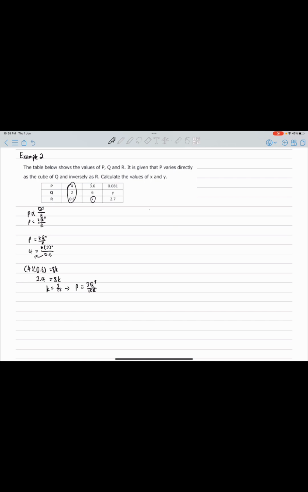So now we can find the value for x. P equals 3Q cubed over 10R. P is 3.6, Q is 6, and R is 10x.